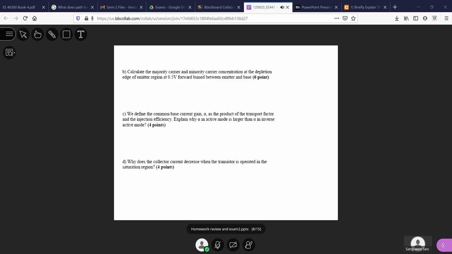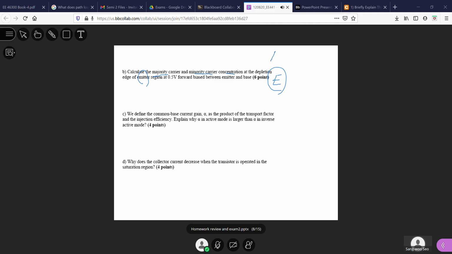The second question is to calculate the majority carrier and minority carrier concentration at the depletion edge of the emitter. To answer this one, we need to look at the emitter side.